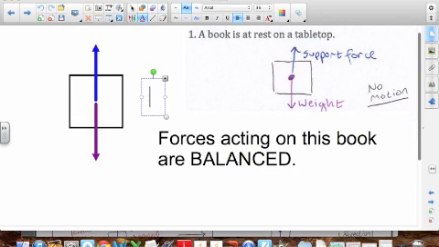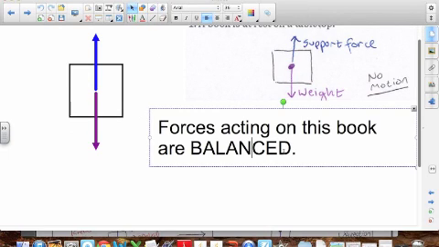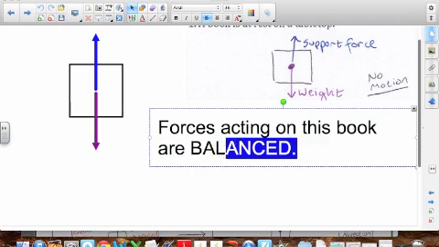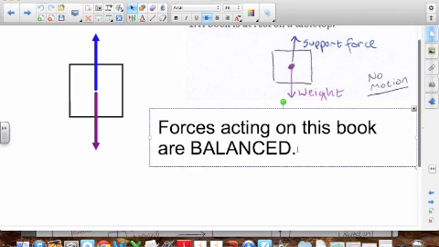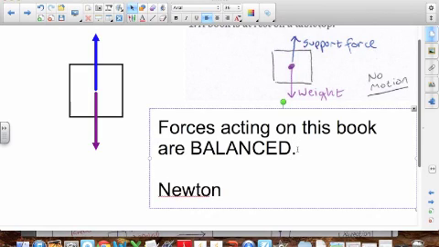Now, let's bring back something else that we talked about in class. If the forces acting on an object are balanced, do you remember what Newton's first law of motion says?